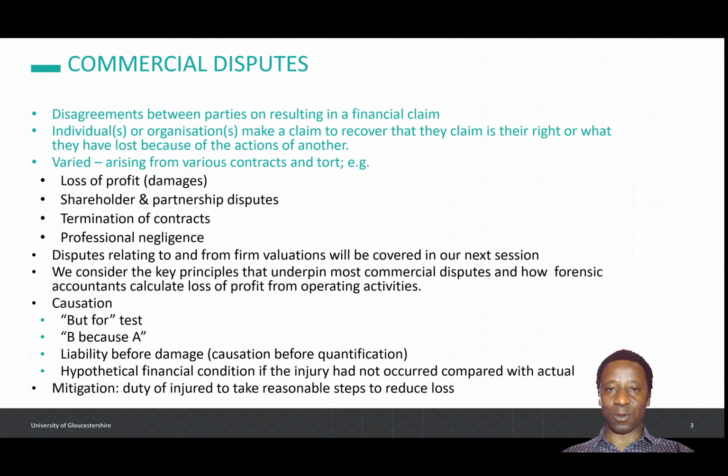It would not be acceptable if this party just continued as if nothing had happened and thereby exacerbated or increased the extent of the loss. The court or any reasonable person would expect that even if the loss was occasioned by the action or the inaction of the other party, the party who is suffering the loss was reasonable in trying to limit the damage. So mitigation will also have to be considered.